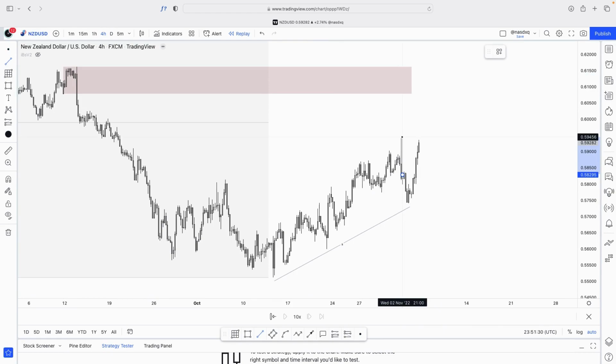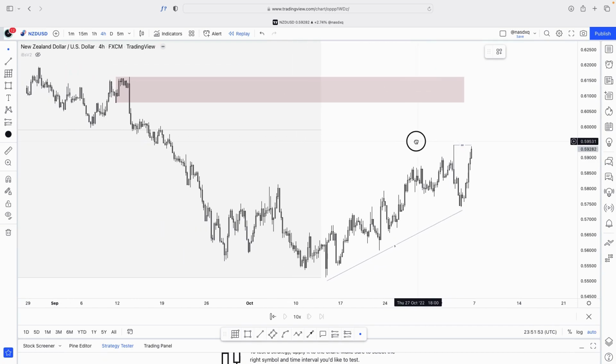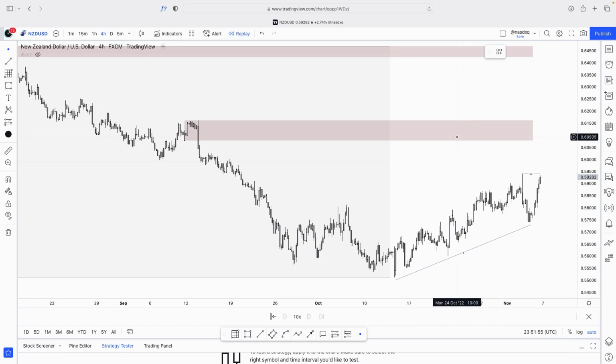So if we break this level, then I'll probably look at maybe doing some buys into this area. Only reason for that is because demand is clearly in control at the time being. And the next probable area where we could see some reaction is this premium supply up here. So that's what I'll be on the lookout for this week, guys.